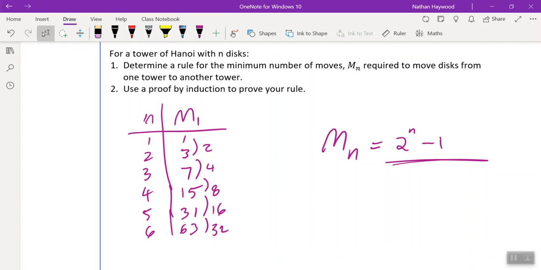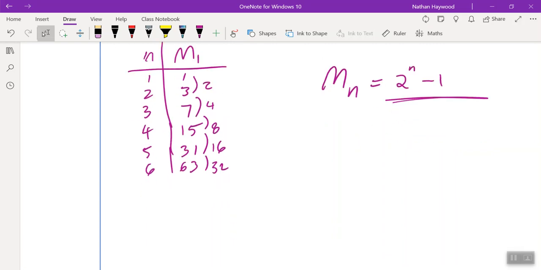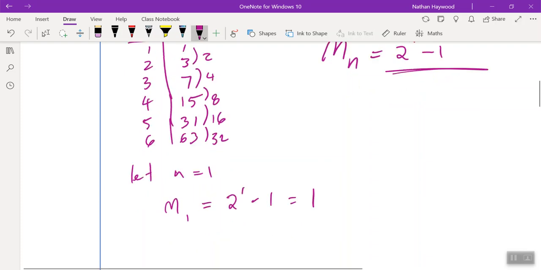Okay, so if that's the rule, what's the first step for proof by induction? Yep. Now we already know it's going to work because, well, we pretty much already did that, but this is like the formal way now.